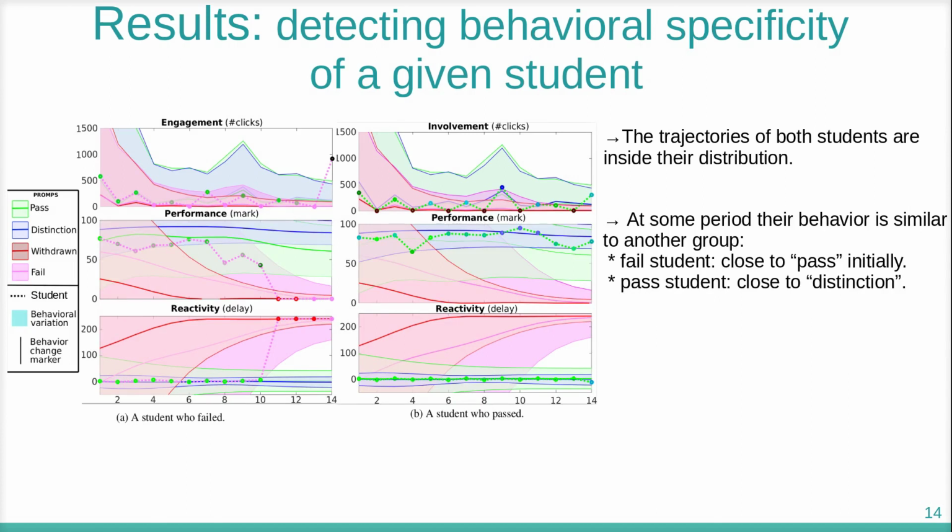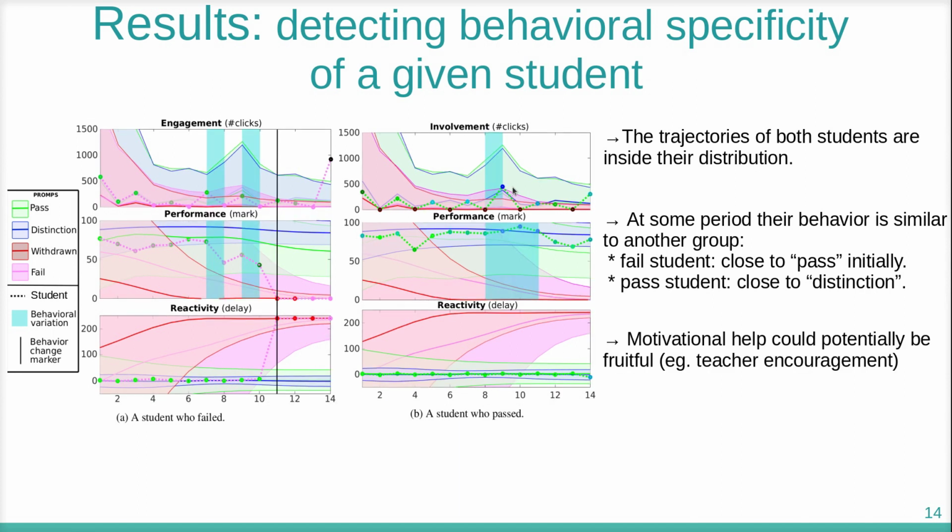To show that, at each exam date, we put a big point with the color of the nearest distribution. We can see that at the beginning, the failed student is close to the pass group, and the pass student is close to the distinction group, in blue, at some point.